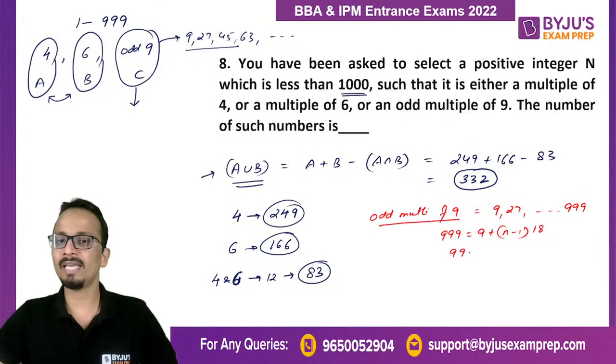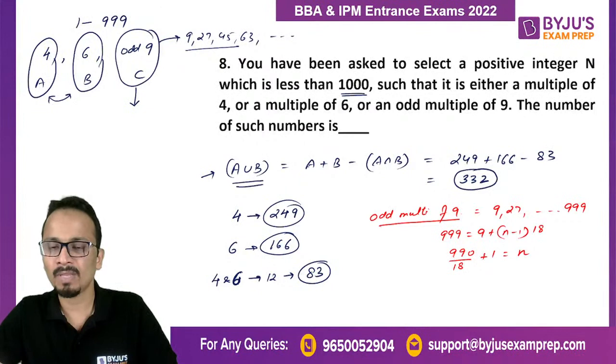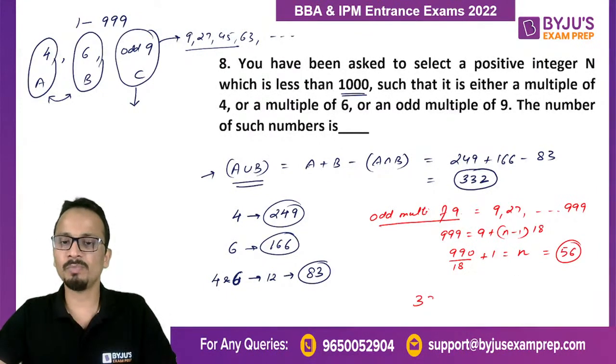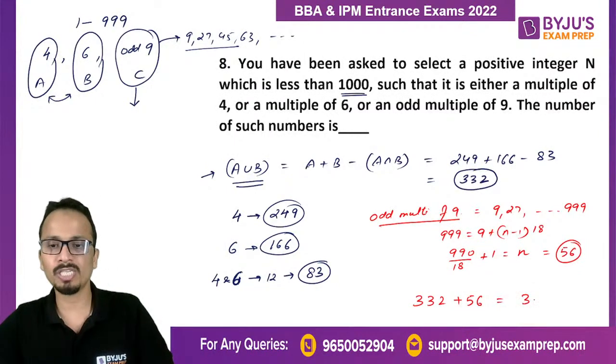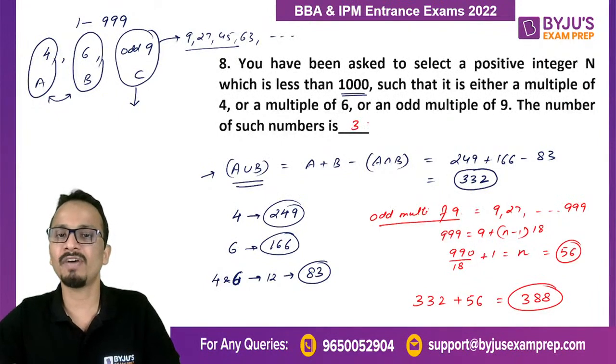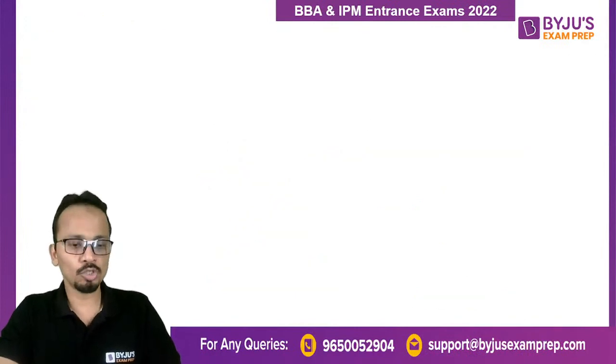So 990 upon 18 plus 1 will be equal to the number of terms. Now 990 divided by 18 is 55, plus 1, this is 56. So the final answer will be 332 plus 56, that is 388. So 388 will be the final answer. All right. Let's move on to the next question.